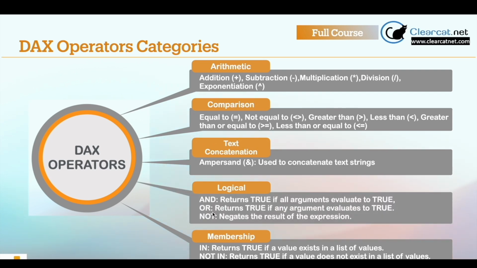Logical: and, or, not return true or false as per our argument. Membership: in, not in. These two fall under membership. So these are the 5 categories under which we have a total of 15 operators, and we are going to use them in Microsoft Power BI.